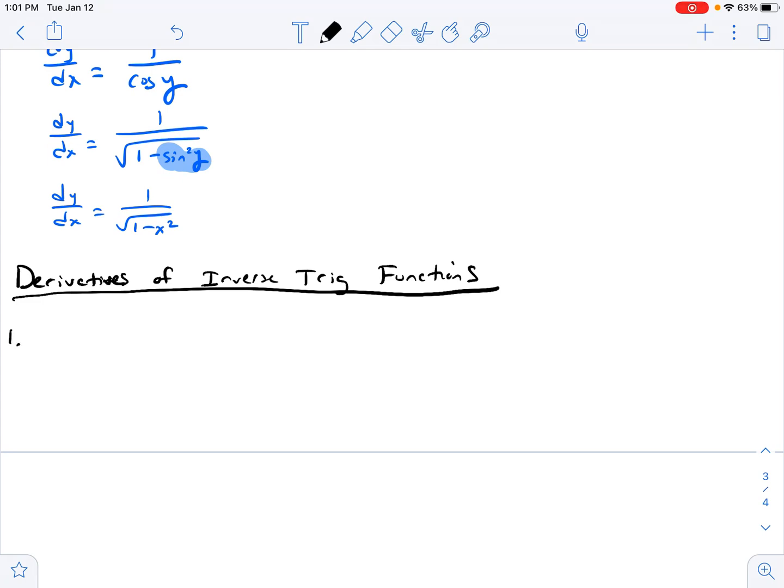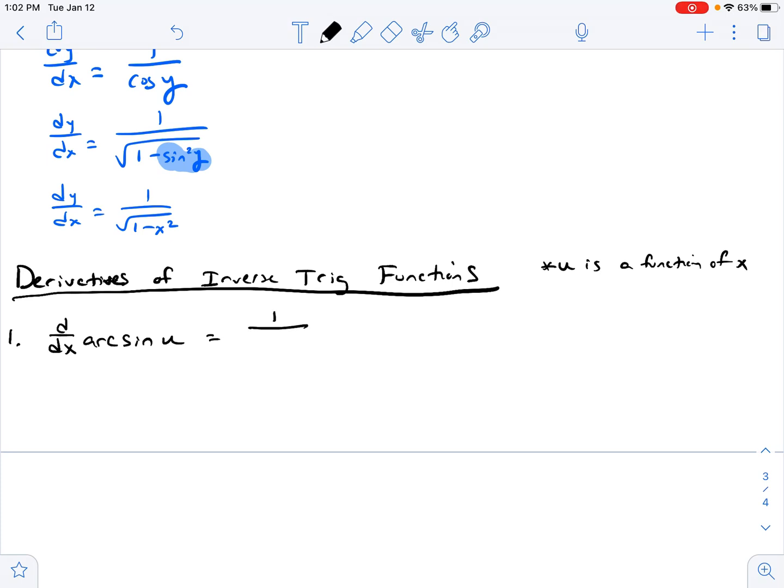So first up, I'm going to write it like this. The derivative with respect to x of the inverse or arc sine of u, where u is a function of x. Okay, we've seen this before. This is for chain rule, okay? So what we just saw, the inverse sine of x, its derivative was 1 over radical 1 minus x squared.